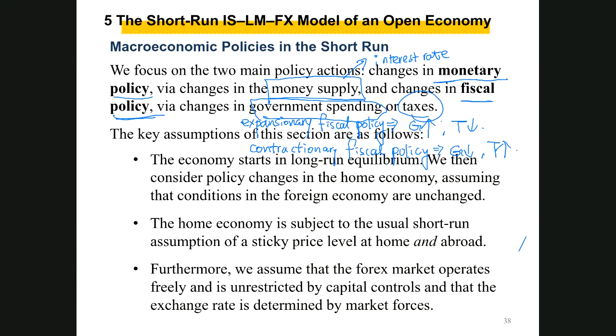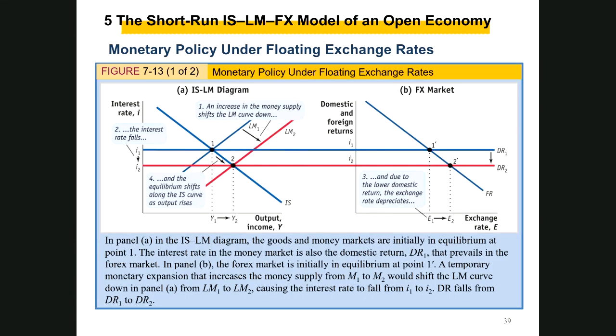Okay, so let's take a look at what happens under the different exchange rate regimes. So now we have two policy tools, right? I could use monetary policy and I could use fiscal policy. Under two exchange rate regimes, one is floating, one is fixed, right?